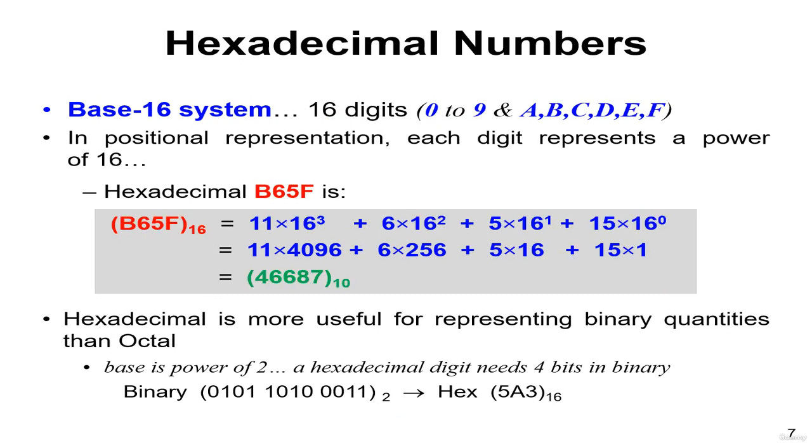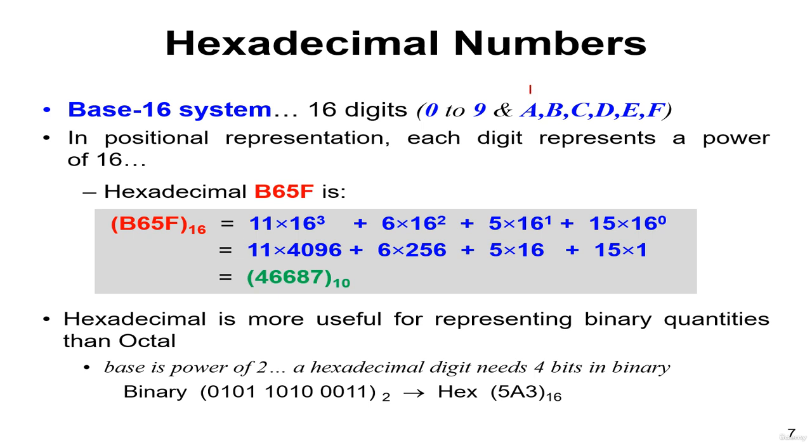In the hexadecimal number system, the base is 16. It means that we should have 16 digits starting from 0 and going till 15, right? So the numbers 0 to 9 are included as such, whereas the numbers greater than 9, that are 10, 11, 12, 13, 14 and 15, are represented using alphabets, right?